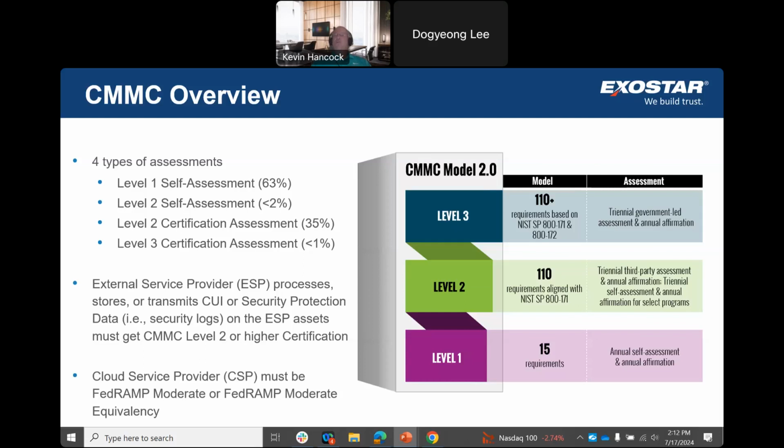If you're utilizing a cloud service, and Exostar has some of these, one is our Exostar managed Microsoft 365 enclave solution to store, process, or transmit controlled unclassified information, in those cases, that cloud service provider's solution has to be FedRAMP moderate or a FedRAMP moderate equivalent solution. And they'll have to provide you that body of evidence that shows that they do that.